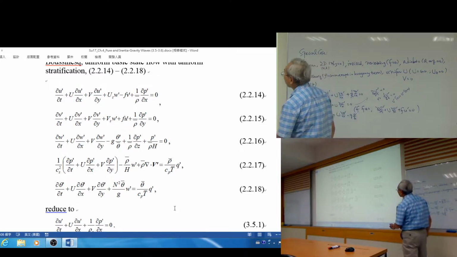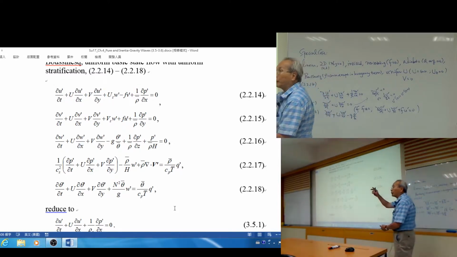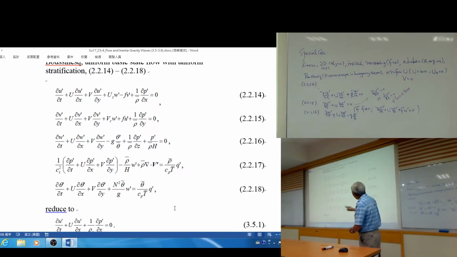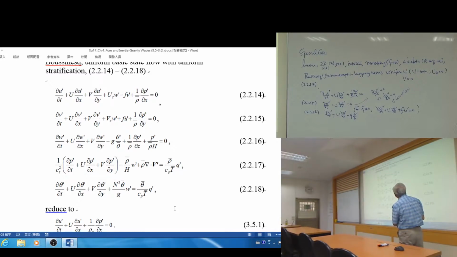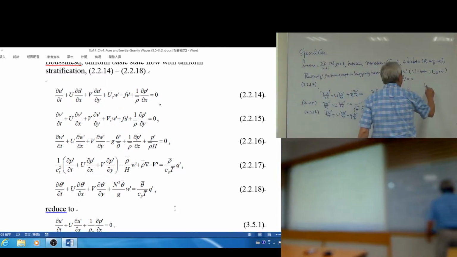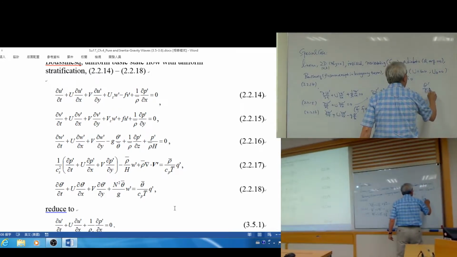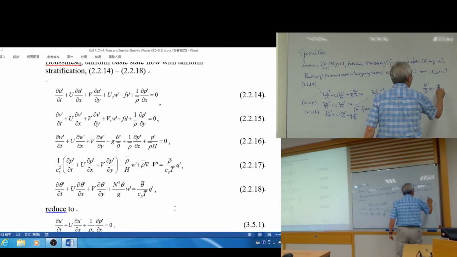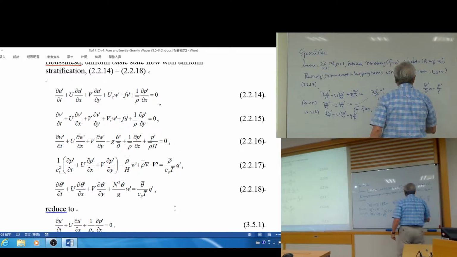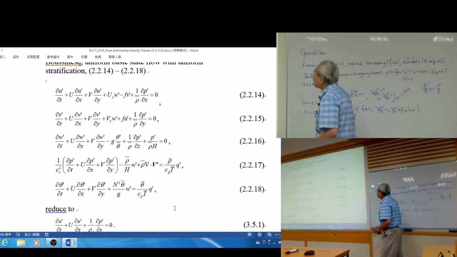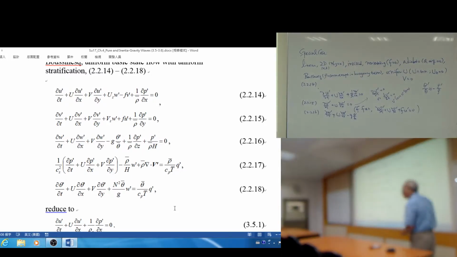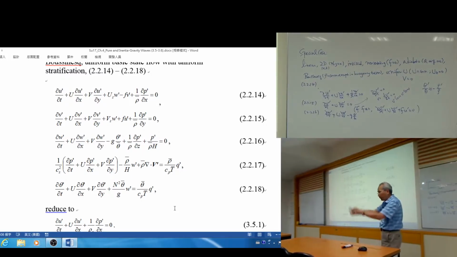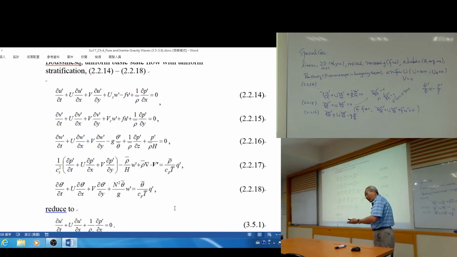We have to keep theta naught because that corresponds to rho naught and rho prime; rho prime doesn't exist here, but we keep it here, because theta prime over theta bar is proportional to negative rho prime over rho bar in general. So we have to keep this. This is called the buoyancy term. That gives us vertical oscillation due to stratification.